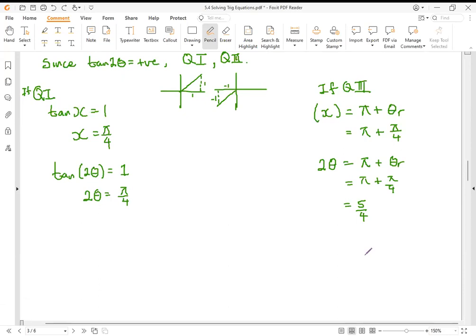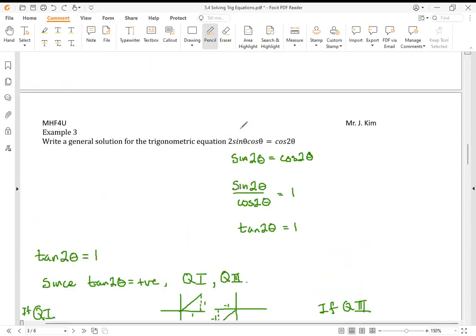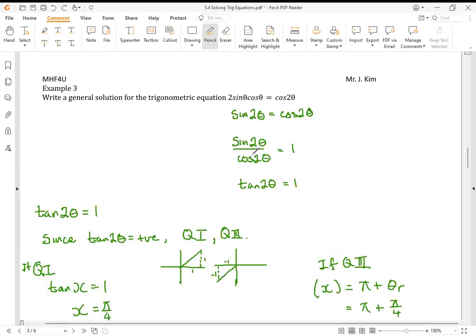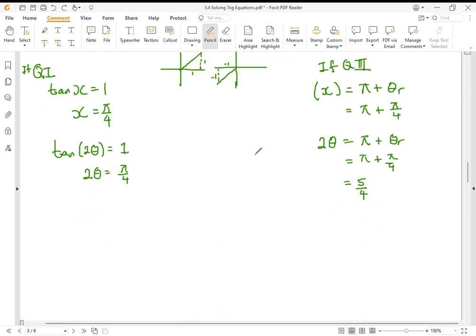And of course, because this question asks for a general solution, it doesn't give you a domain. What does that mean? This angle, 2 theta, is pi over 4 plus multiples of 2 pi. 2 theta is 5 pi over 4 plus multiples of 2 pi n.